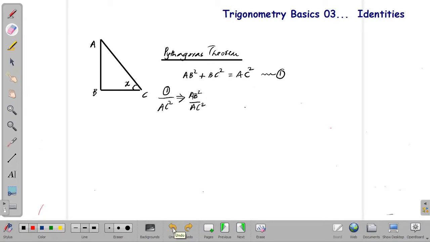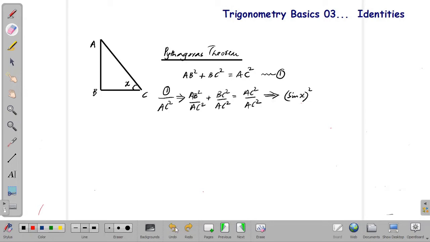Each term: AB square by AC square plus BC square by AC square is equal to AC square by AC square. What is this?